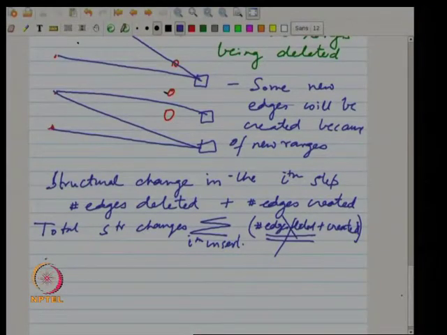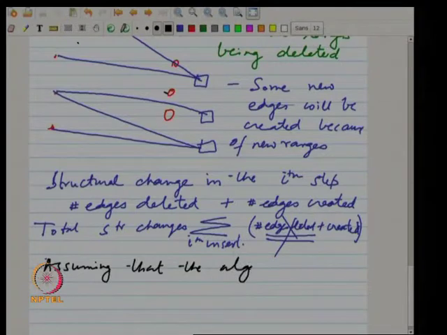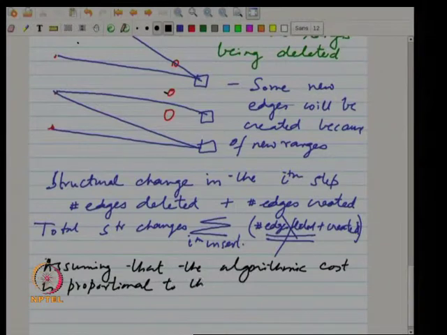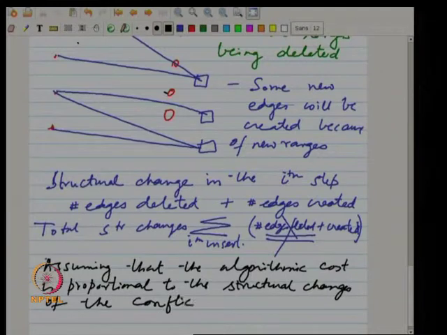Okay, this is another thing that I mentioned before, assuming that the algorithmic cost is proportional to the structural changes of the, so this is called the conflict graph.